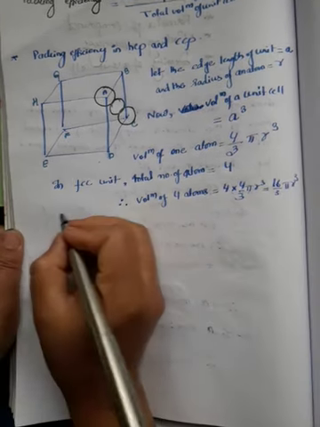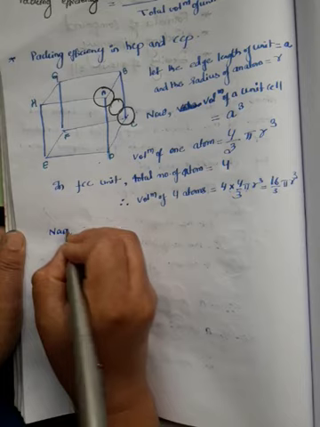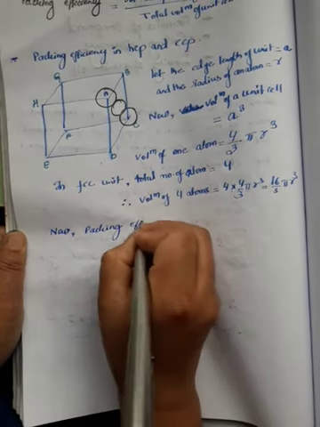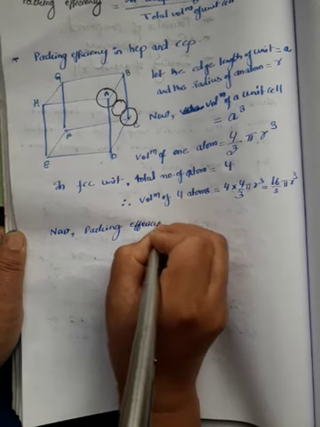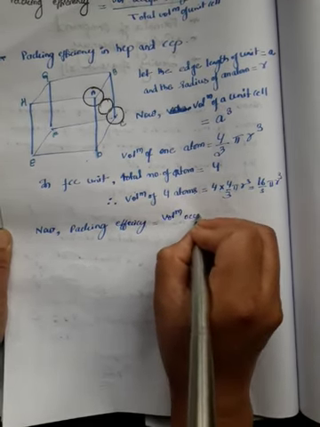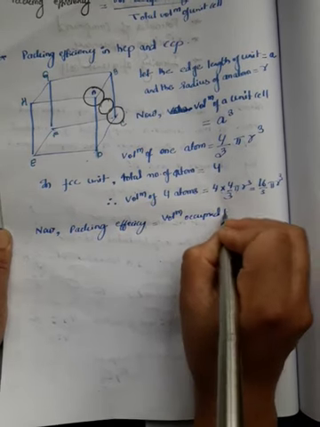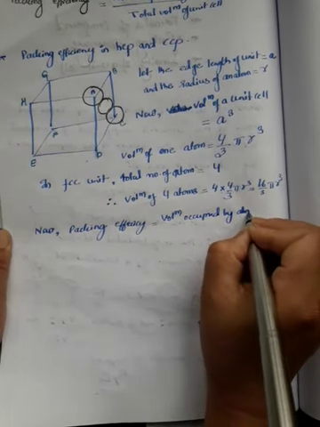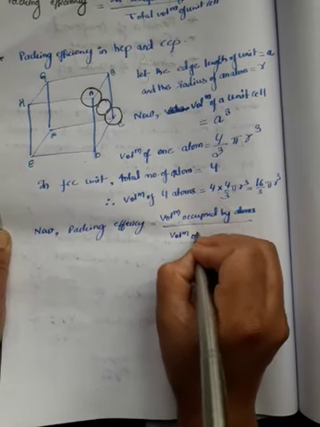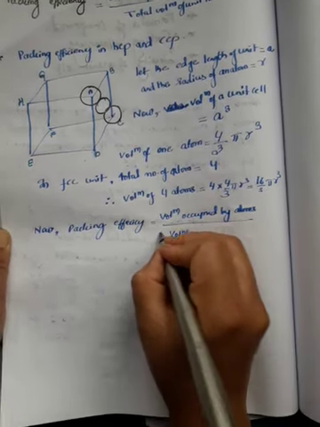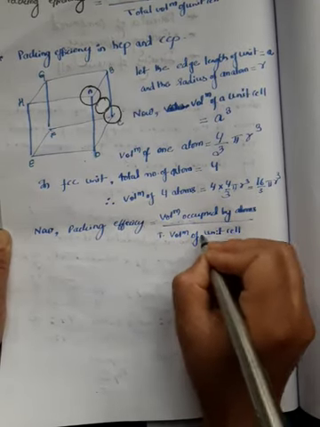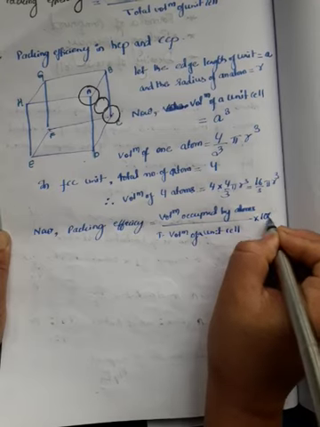Okay, sir. Now what is packing efficiency? Again, the formula is written, packing efficiency. It is equal to the volume occupied by atoms, whether one, two or three atoms, accordingly, divided by the volume of the unit cell, the total volume of a unit cell, into 100.